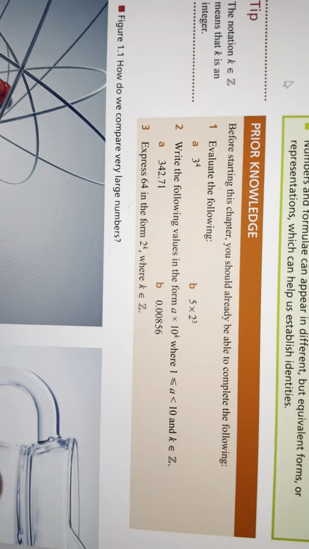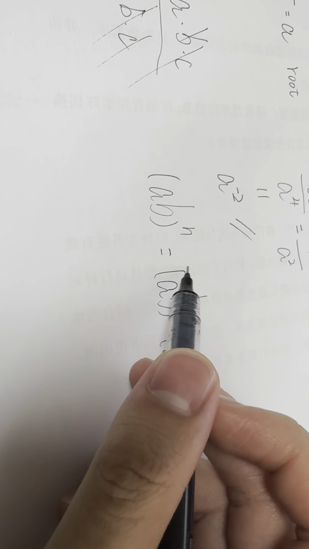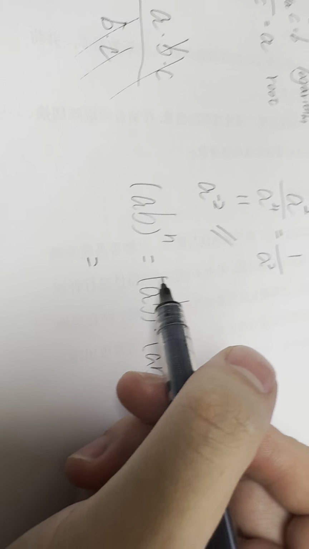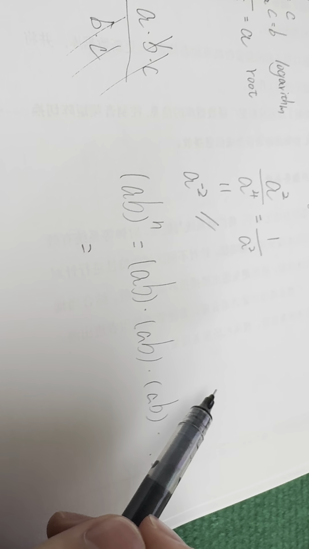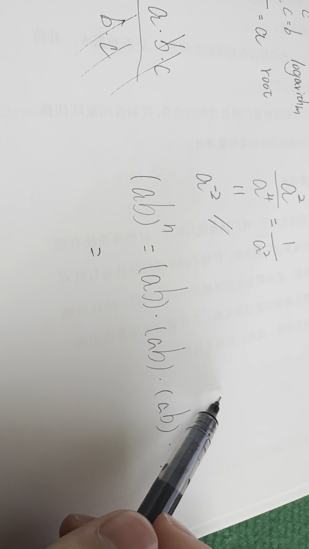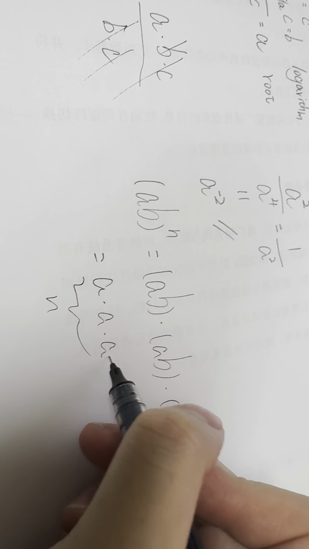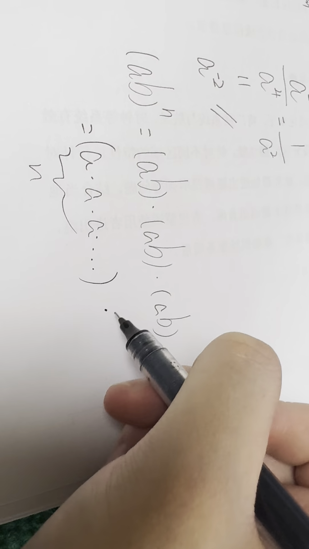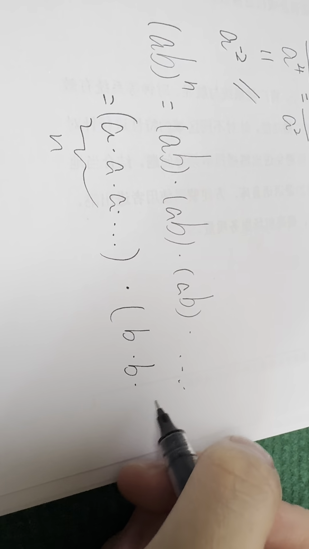Because (a times b) to the power of n is n copies of ab multiplied together, and because there is multiplication between every term, we can break the brackets and reorder everything. After reordering, there will be n copies of a multiplied together, and we can put a bracket times n copies of b multiplied together.